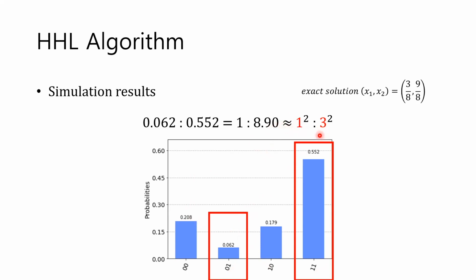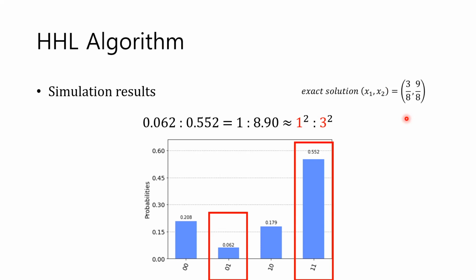That means the ratio of amplitudes is 1 to 3, which is the same as the exact solution. So this is how the HHL algorithm can solve a system of linear equations.